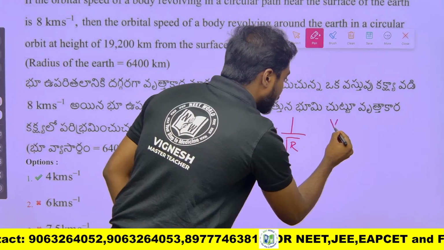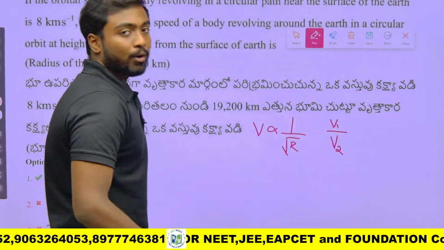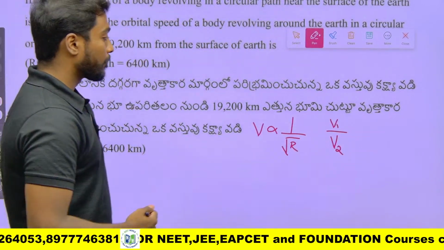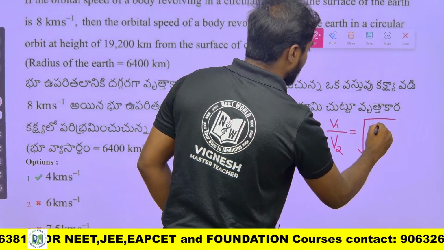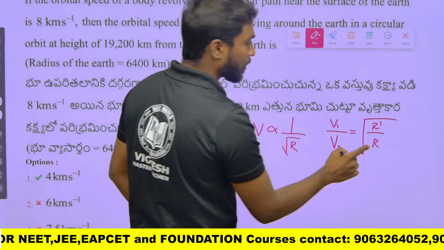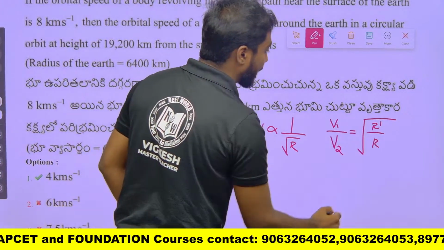V1 is the initial speed and V2 is the speed after it has been taken to the height, right? So I can say this is R dash by R. I have written previously R by R dash, no? So it's R dash by R, okay?